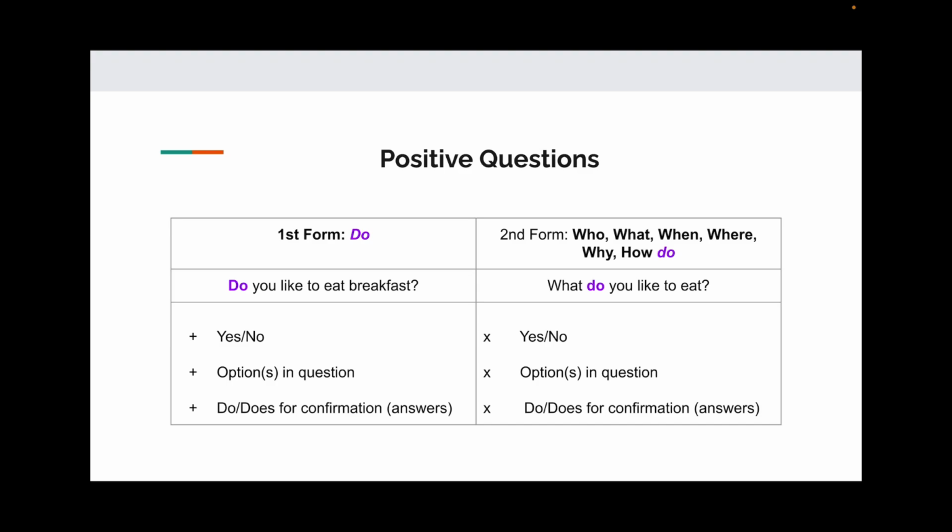For the second form questions like what do you like to eat, they cannot be answered with yes or no. They typically don't have an option in themselves to choose from. And it's recommended to not use do or does for confirmation in your answers because there are no options being given to confirm.